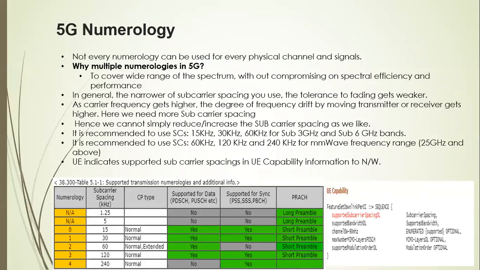So there has to be some communication for this subcarrier spacing to be used dynamically. For that purpose, the UE will communicate the supported subcarrier spacings in the UE capability information, and the network will communicate to the devices in various RRC messages dynamically.